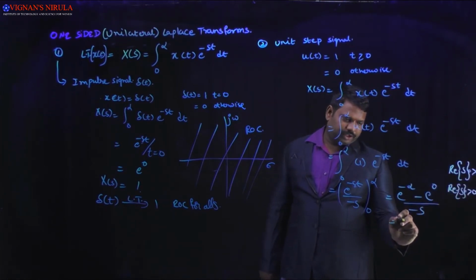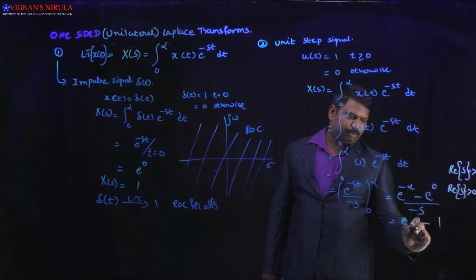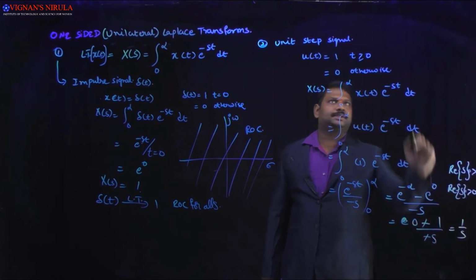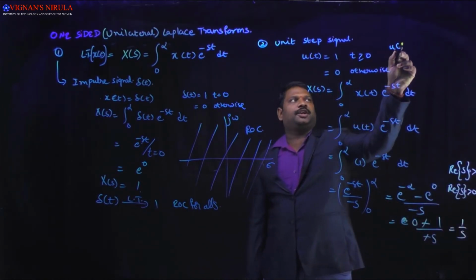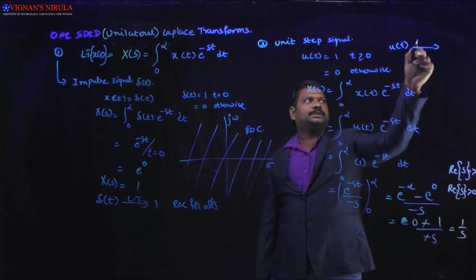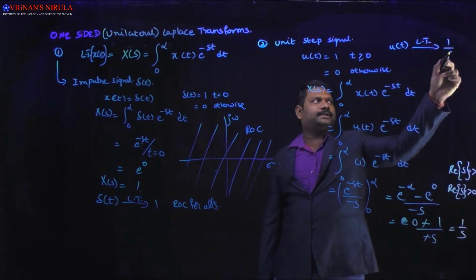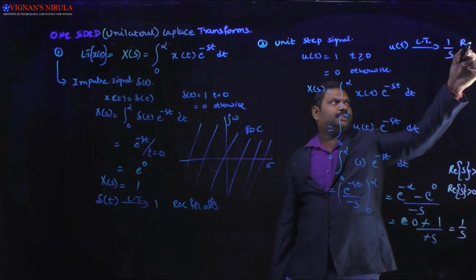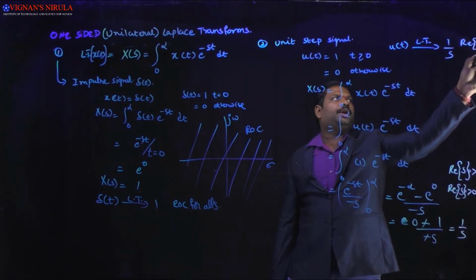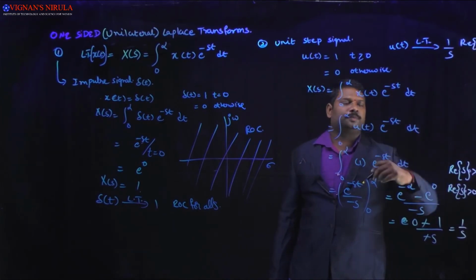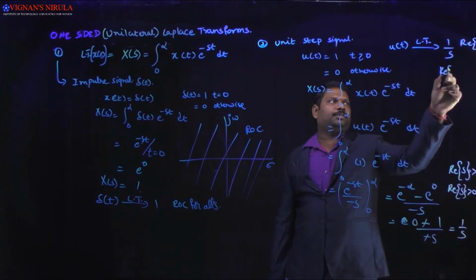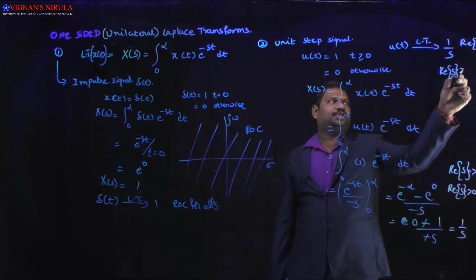Which is nothing but 0 minus 1 by minus s. The minus minus gets cancelled, which is equal to 1 by s. That is, u of t has Laplace transform 1 by s, provided Re of s is greater than 0.